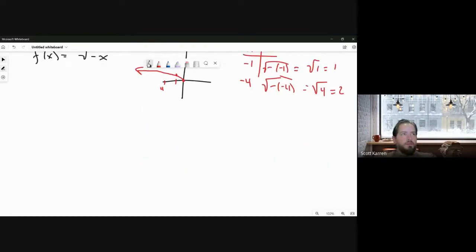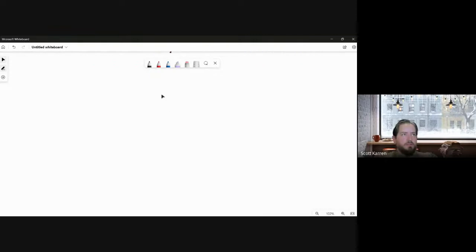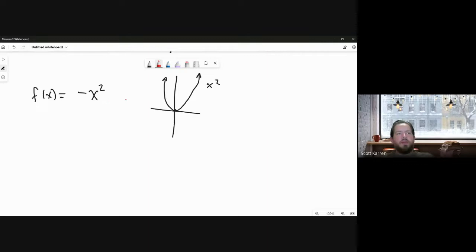Another thing that we can do, let's take a look at f of x equals negative x squared. So you should know that x squared is that parabola that looks like this. But if it's negative x squared, then all of my values are going to be negative.